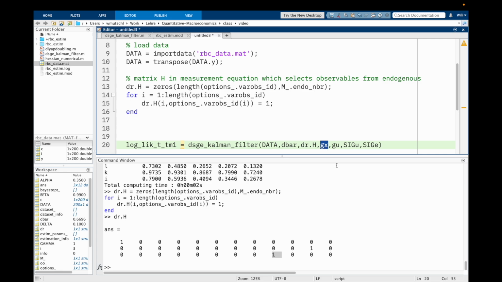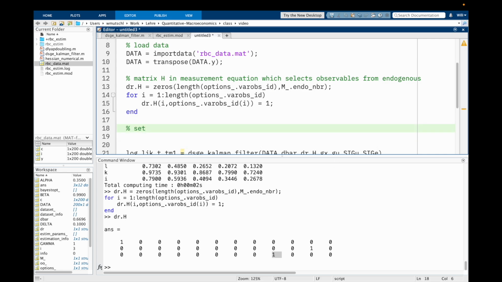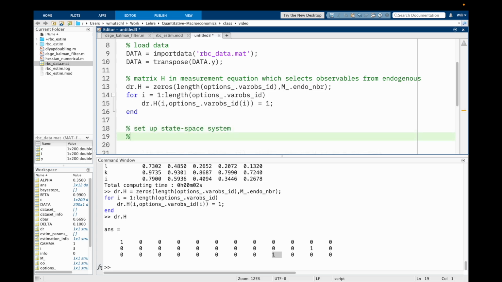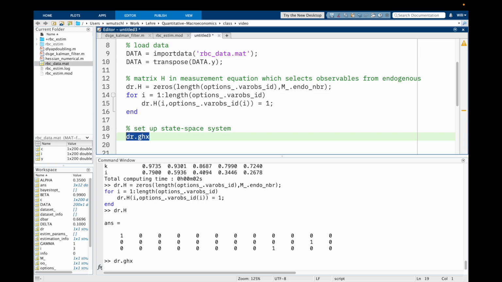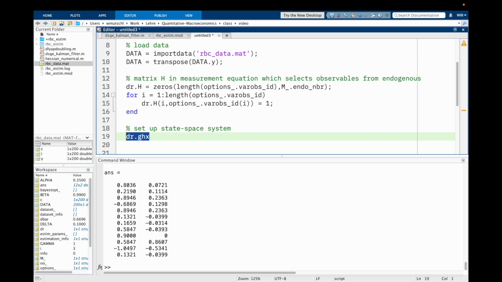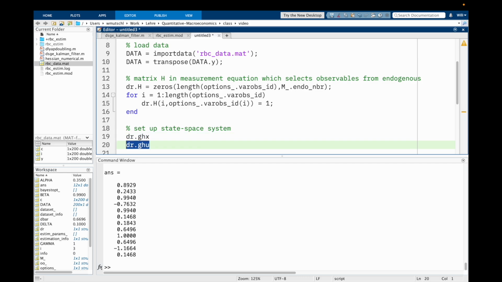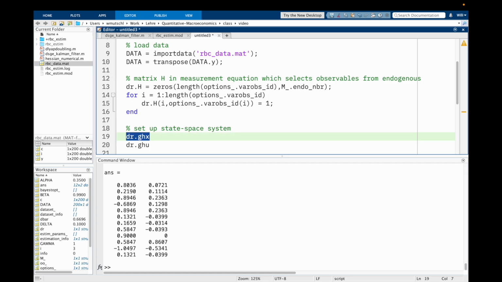Now I need to find my GX and GU matrix. So now I need to set up the state space system. Importantly, Dynare's dr.ghx is basically my GX matrix, and Dynare's ghu is basically my GU matrix. But Dynare has a different ordering of variables.